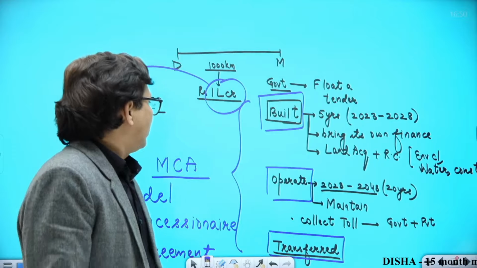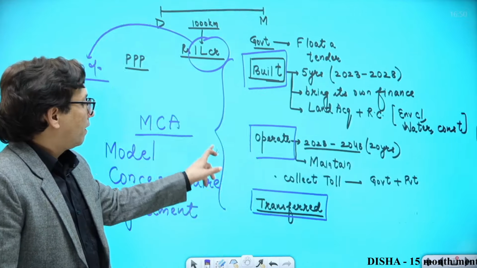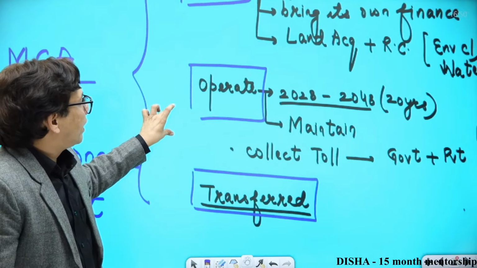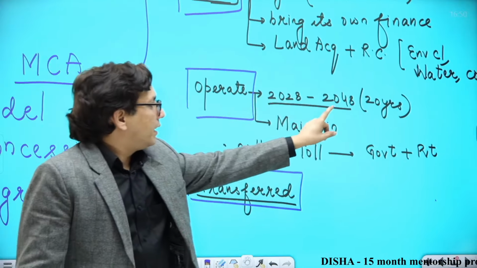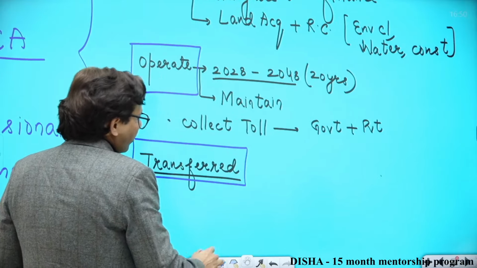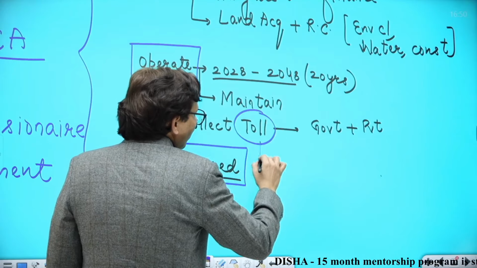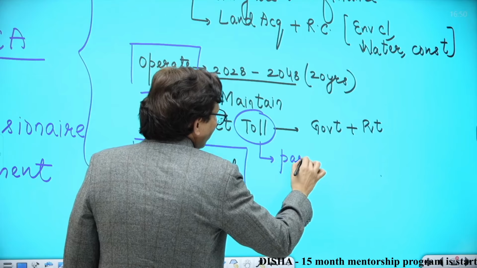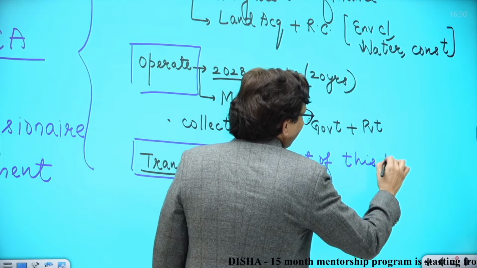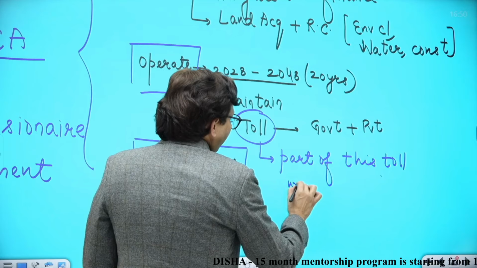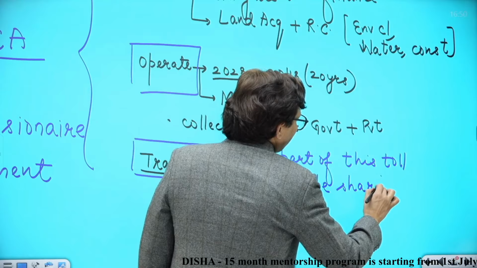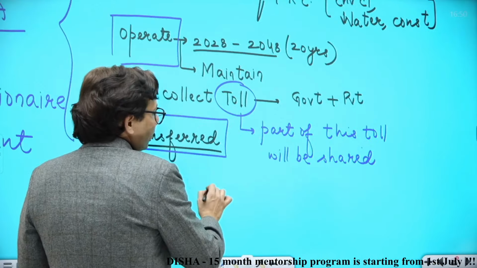Thing is, in this case, in this period from 28 to 48, when the private party is collecting toll, one thing it would do is part of this toll will be shared with the government.